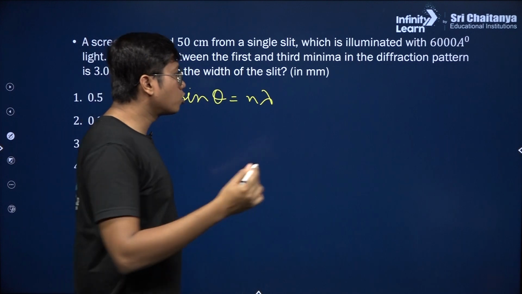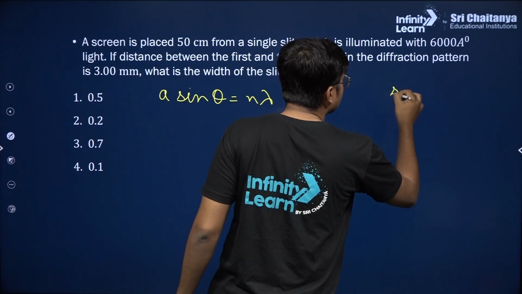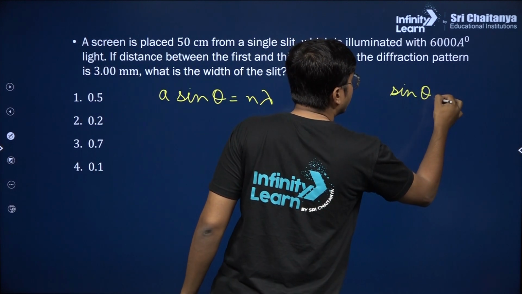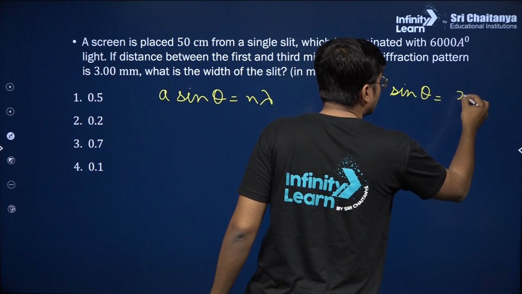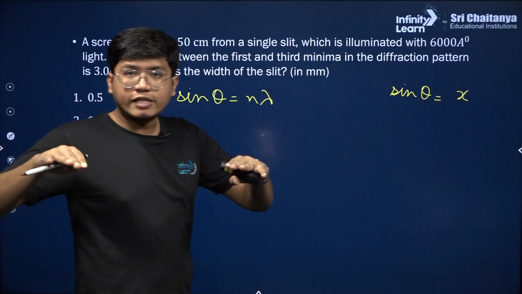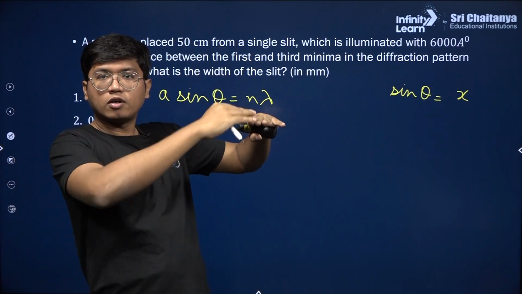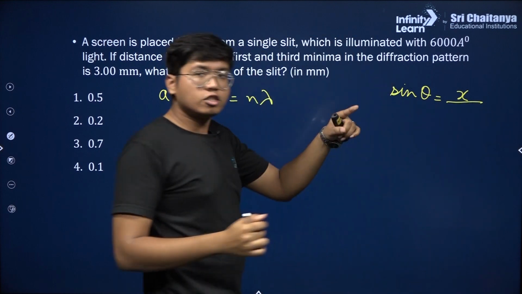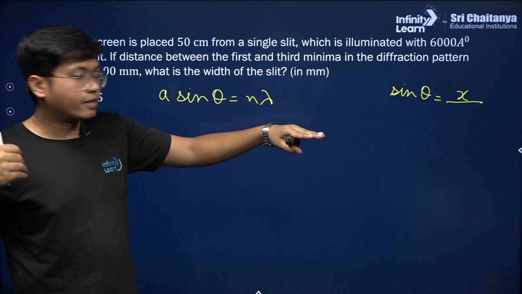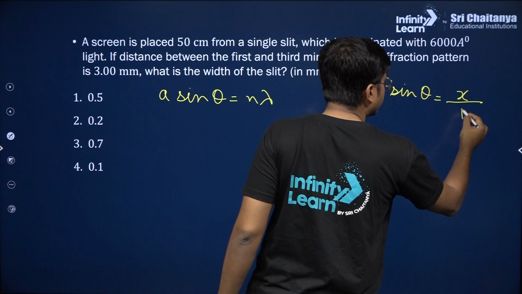Sin theta approximated to tan theta essentially makes sin theta equal to the position x, wherever you have the minima on the screen from the central point, that distance on the screen, x divided by the distance of the screen from your slit, that would be capital D over here.